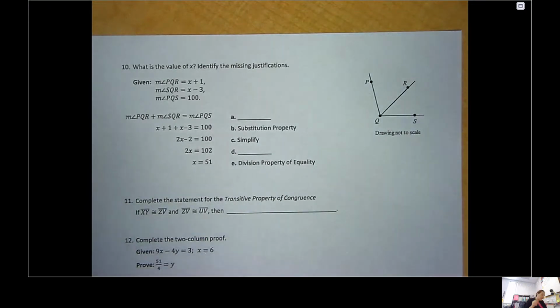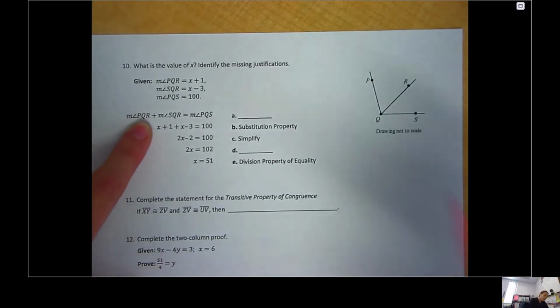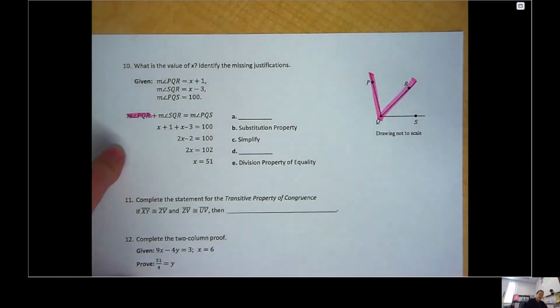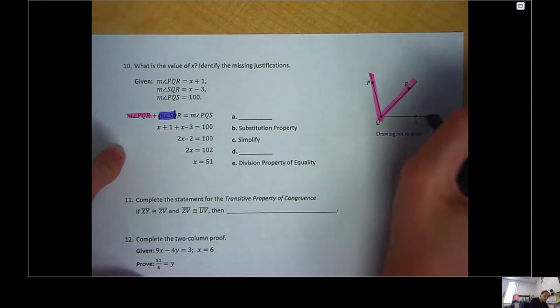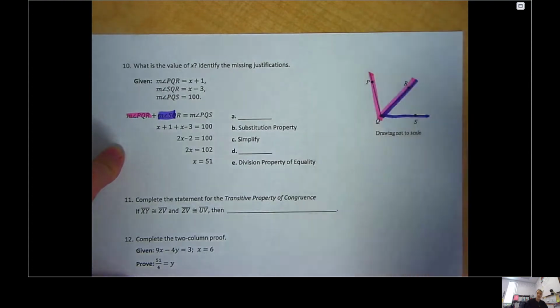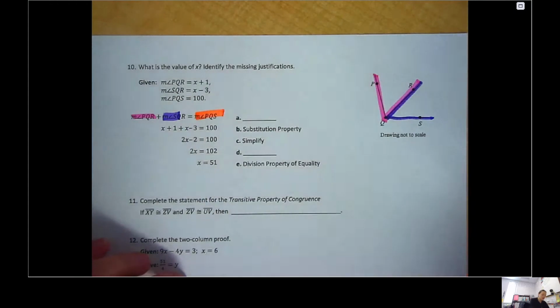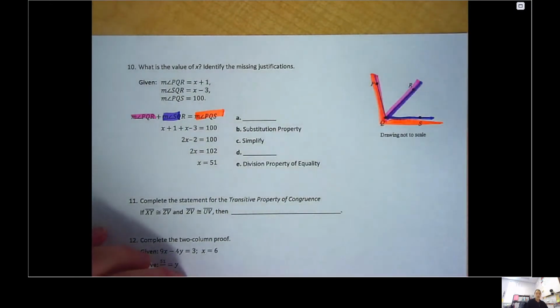So the first one says, if you add together the measure of angle PQR, that's this one, PQR, if you add that together with the angle SQR, this purple one over here, you should get the measure of angle PQS, which is the whole thing.